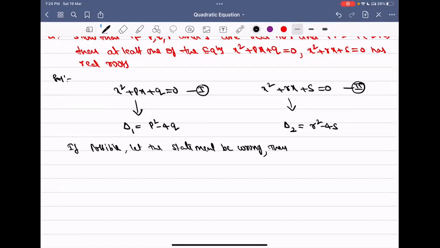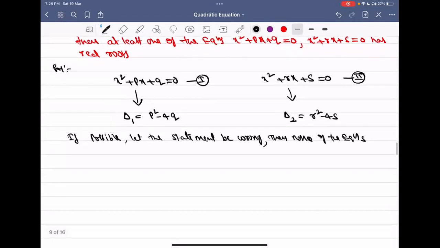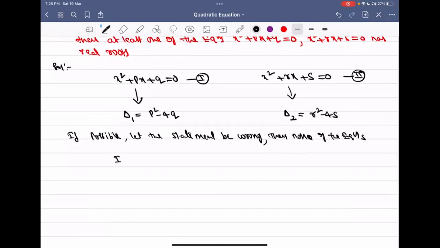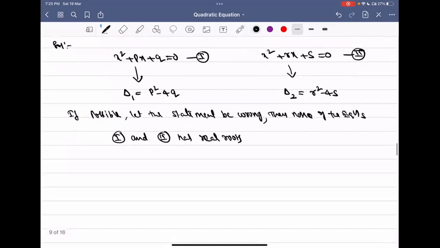Then none of the equations 1 and 2 has real roots. So if none of the equations has real roots, means this discriminant is less than 0. At the same time, the second discriminant is also less than 0.